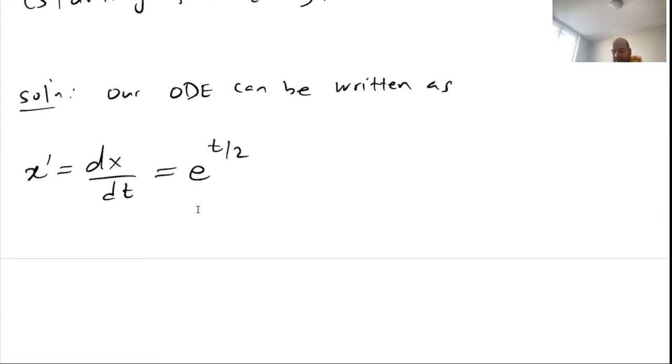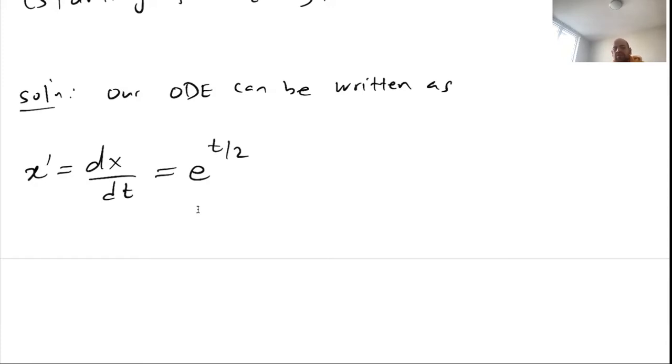So this is given, and the initial condition is not explicitly written, but it says how far did the car get in 2 seconds, which means we want to look at x of 2 minus x of 0, because we want to know, starting at t equals 0, how far it goes.